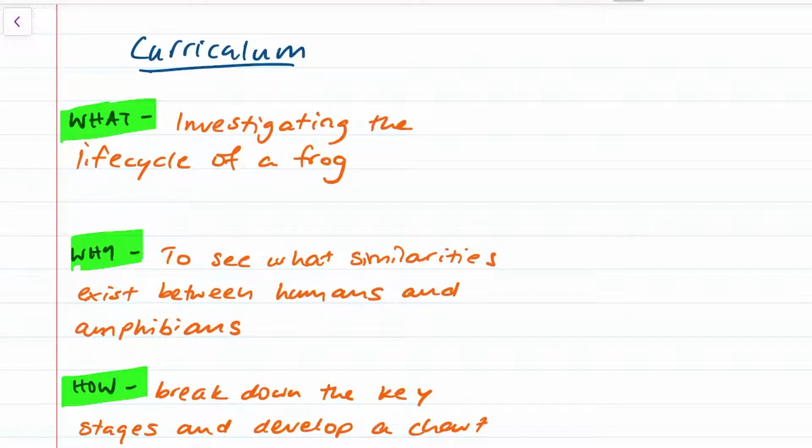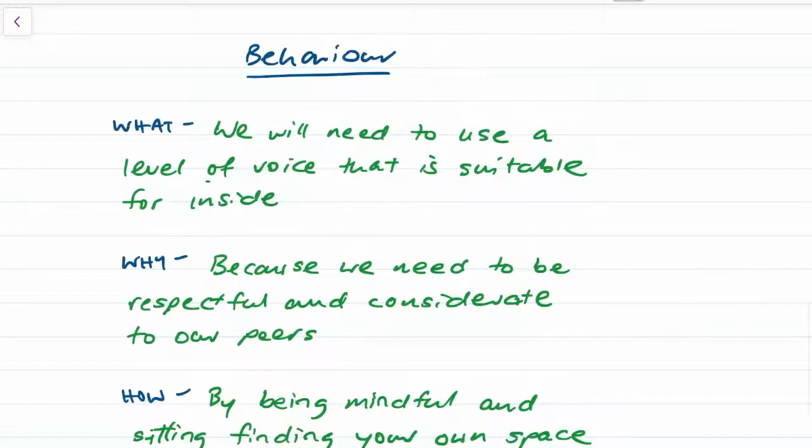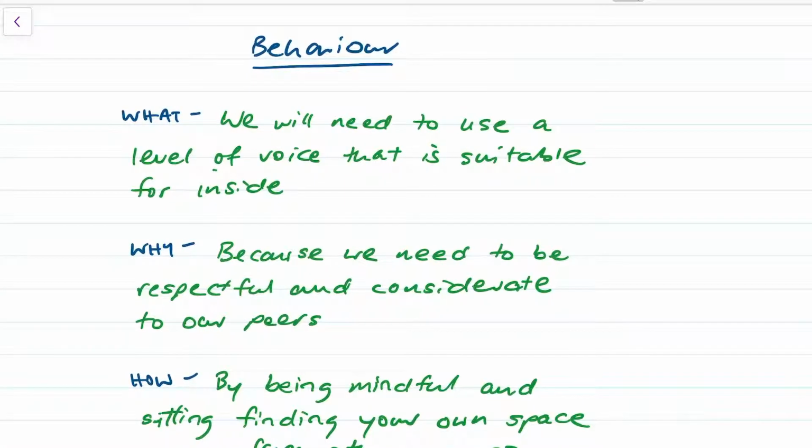Moving on to behaviour now, this is the plan that I've done around. As I said, it's just an example, okay? So the what, all right, is that we'll need to use a level of voice that is suitable for inside the classroom, okay? So obviously a loud voice is going to disturb others. The why is because we need to be respectful and considerate of our peers.